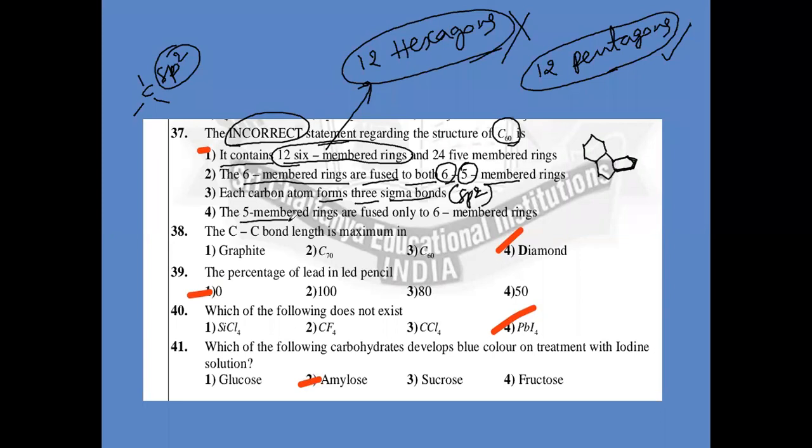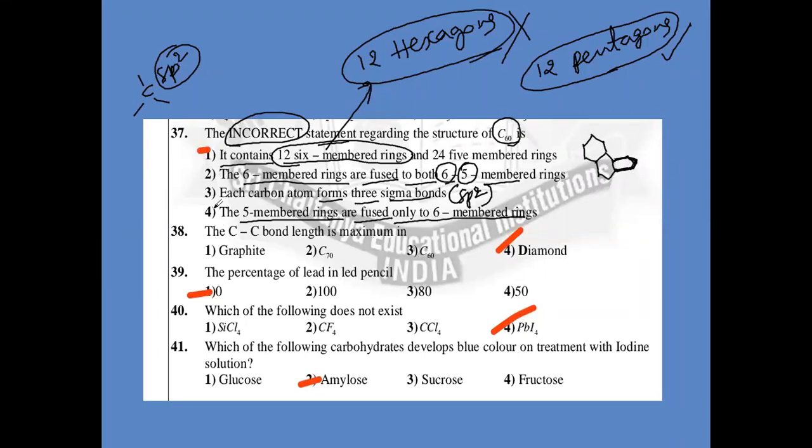Next, the 5-membered rings, meaning pentagons, are fused only to 6-membered rings. It is correct. The 5-membered ring is combined with only hexagons. That's all. A pentagon does not combine with a pentagon. A pentagon only combines with a hexagon, but a hexagon fuses with a hexagon as well as a pentagon.